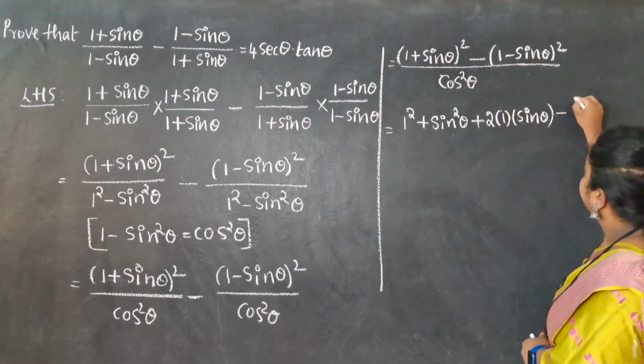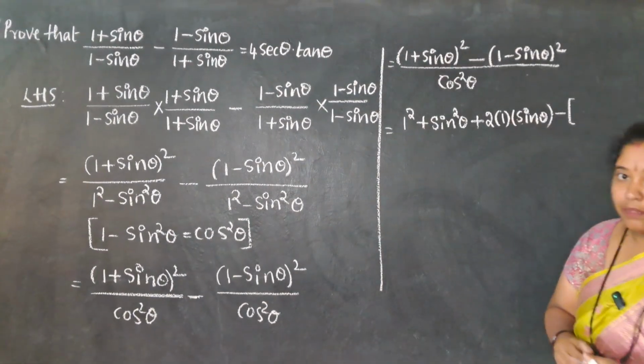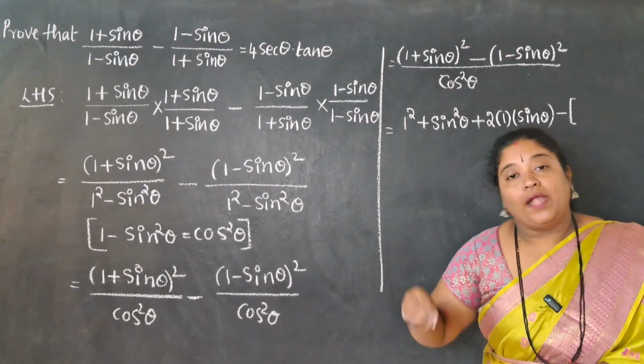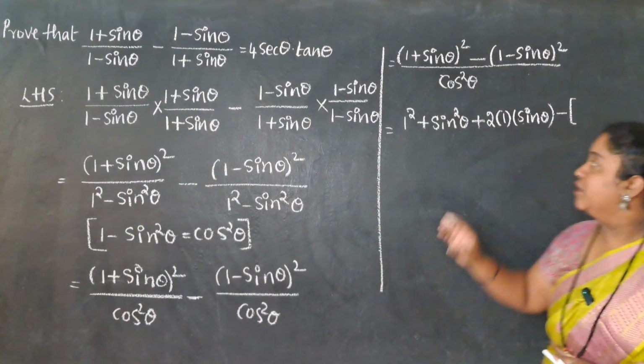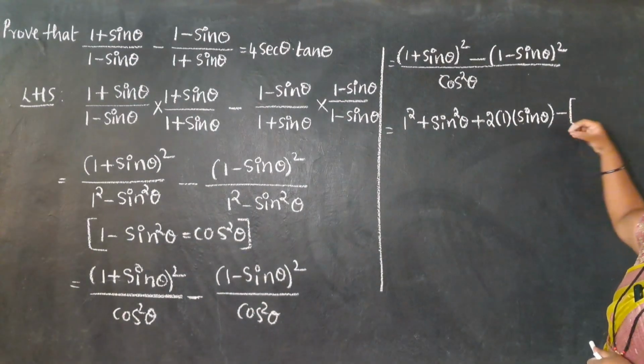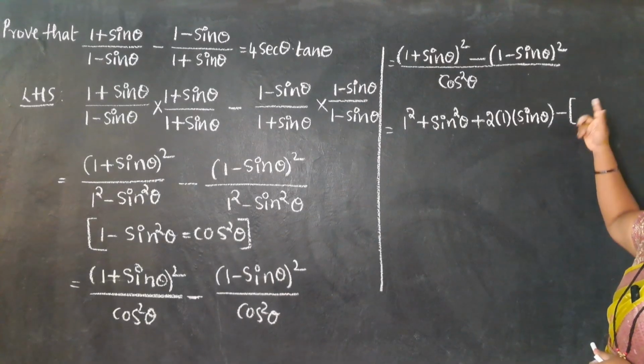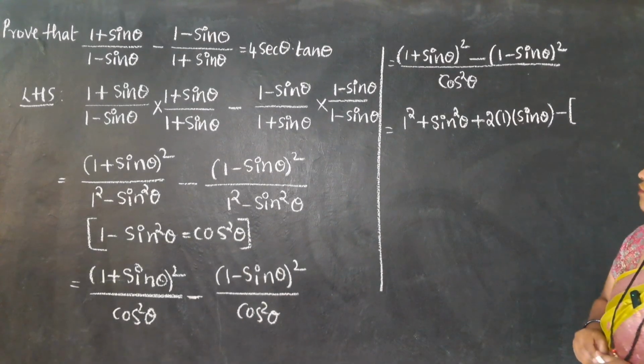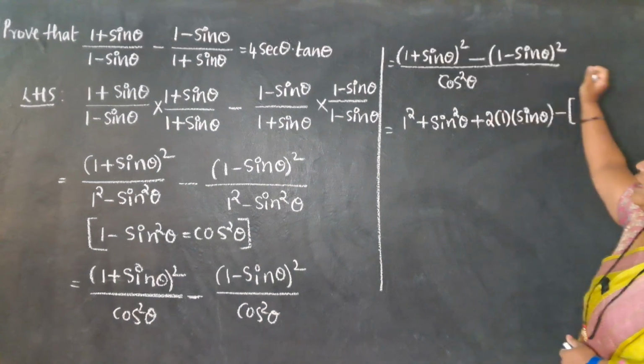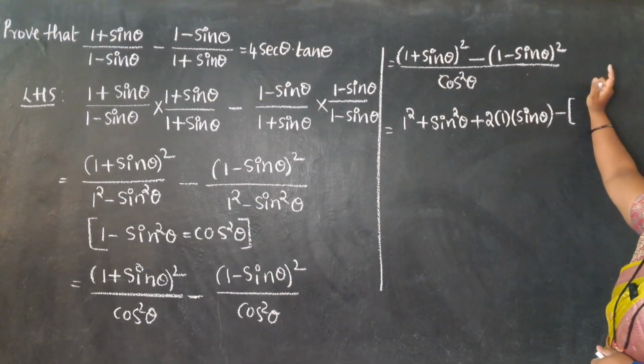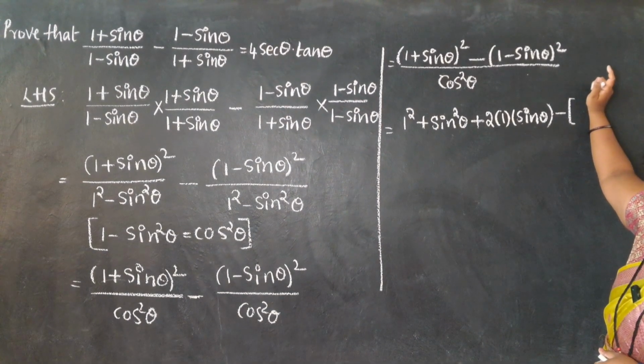Okay, minus is there. So write whatever the values are there inside the bracket, otherwise you wind up with the opposite signs. Yes or no? So whenever you have a negative sign and after that simplification, then please go with respect to the bracket and write 1 minus sine theta the whole square. Now it looks like a minus b the whole square. Yes or no?